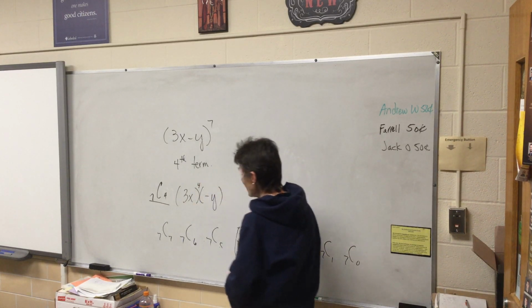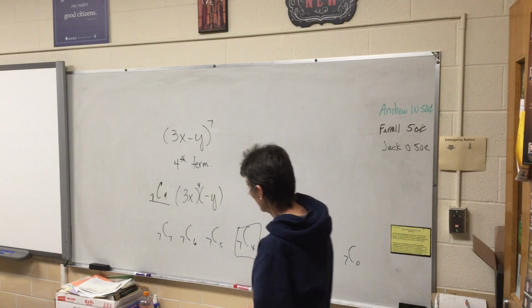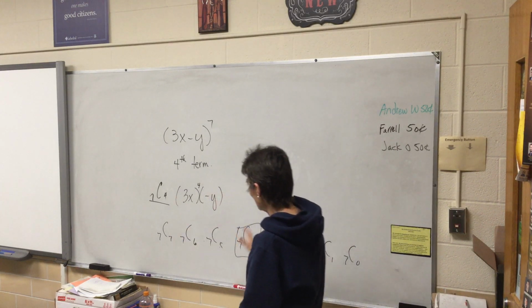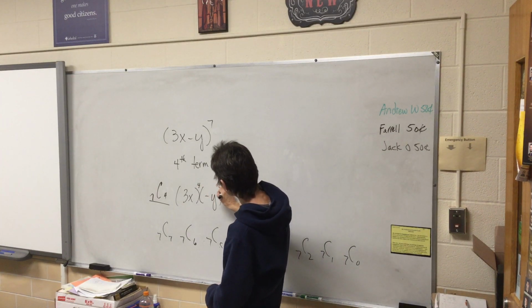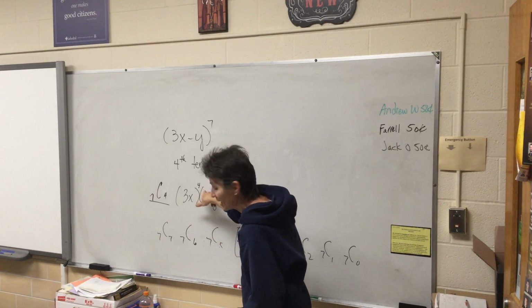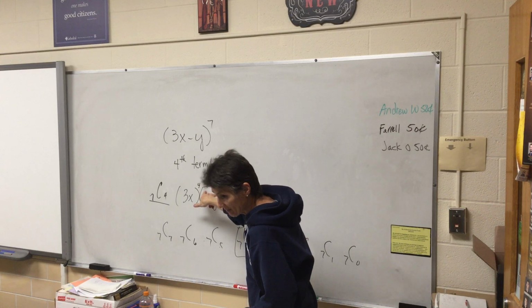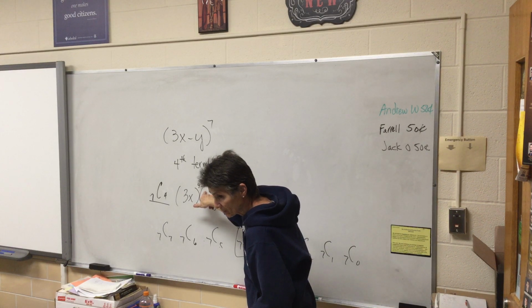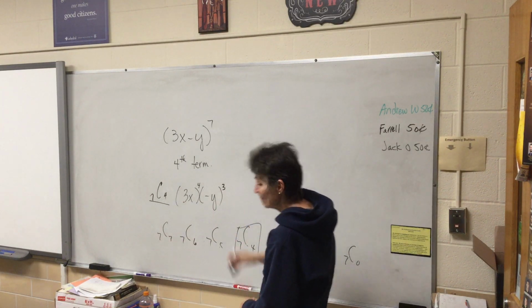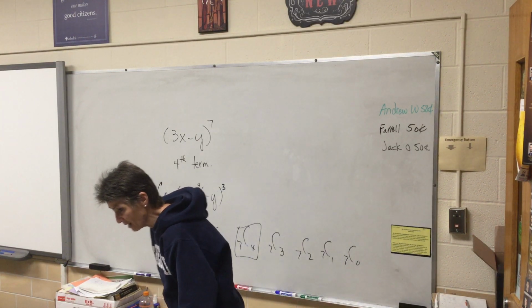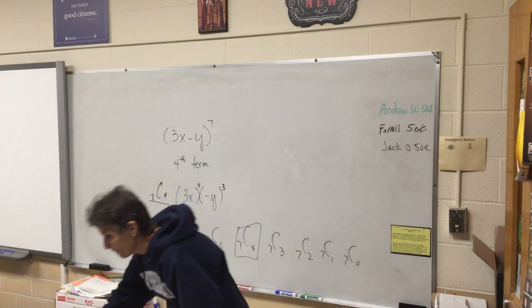So the power on that 3x is 4 by counting down. Then, once I know that's a 4, this has to be a 3 because these have to add up to 7. We've done this. This should be ringing bells for you. What's left to do then? We're almost done. What's the only thing left to do?